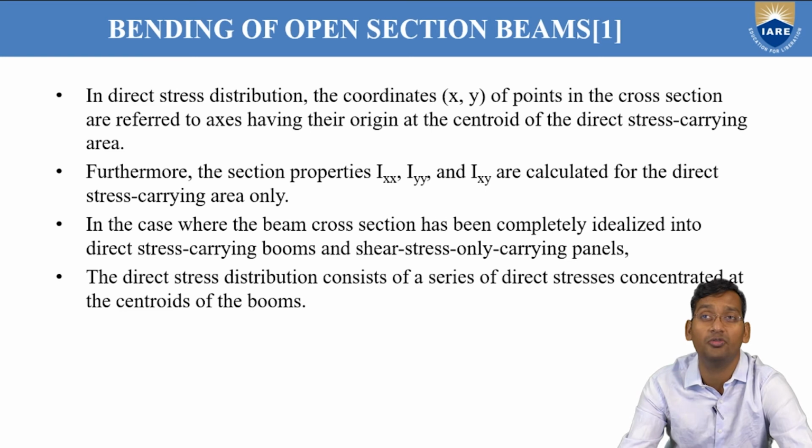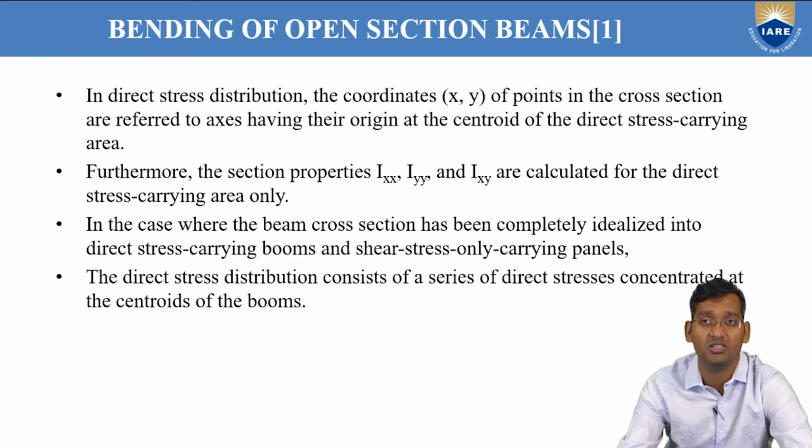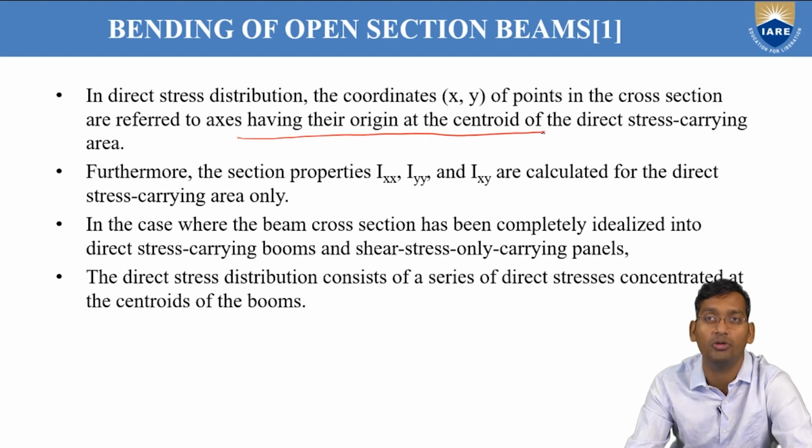Now, bending of open section beam. So in direct stress distribution, the coordinates x, y of points in the cross section are referred to axes having their origin at the centroid. So now what we are doing here, we are considering the origin at the centroid of the direct stress carrying area.